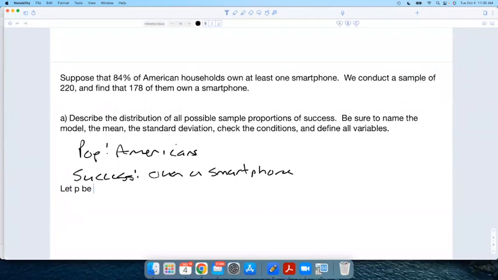Let P be the proportion of these guys that did that. Required step. I'm going to keep saying this, and people are going to get mad at me on the Chapter 7 written assessment when I take a point off that they didn't do this. I don't understand. I've said it like 100 times. You got to define your variable.